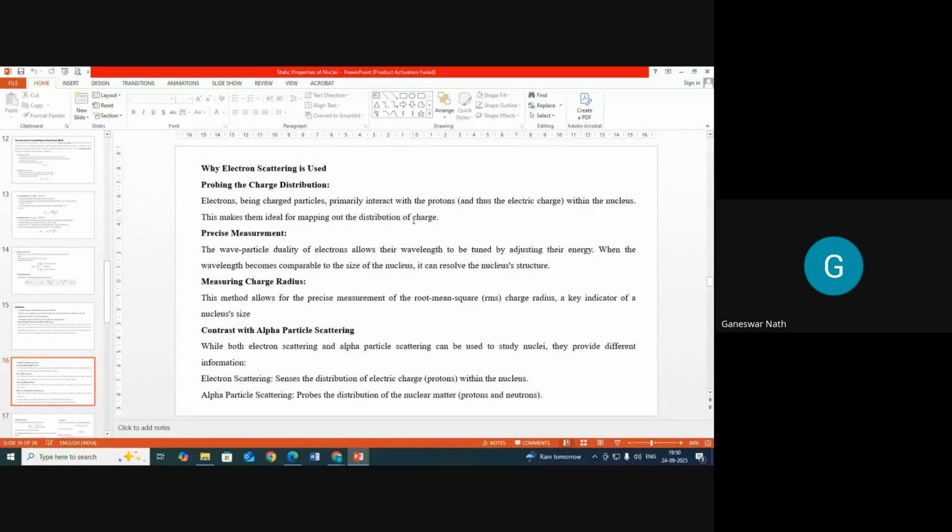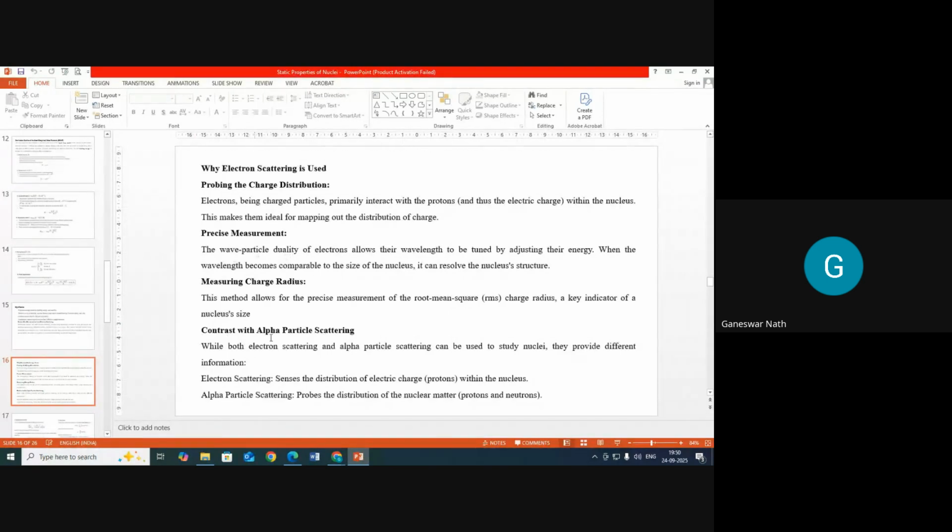Then precise measurement: the wave-particle duality of the electron allows their wavelength to be tuned by adjusting their energy. When the wavelength becomes comparable to the size of the nucleus, it can resolve the nuclear structure.